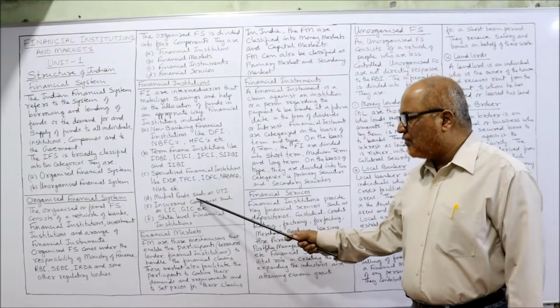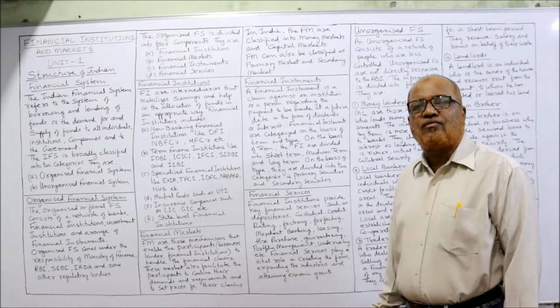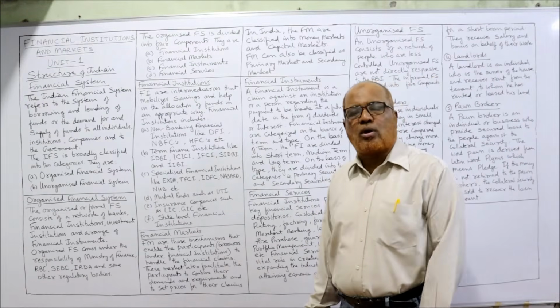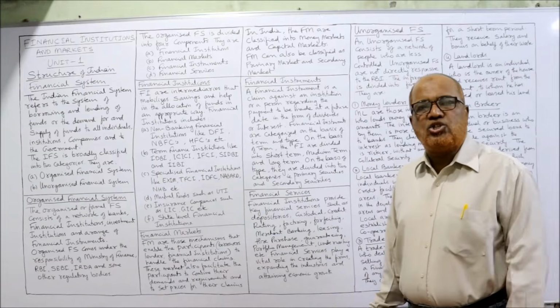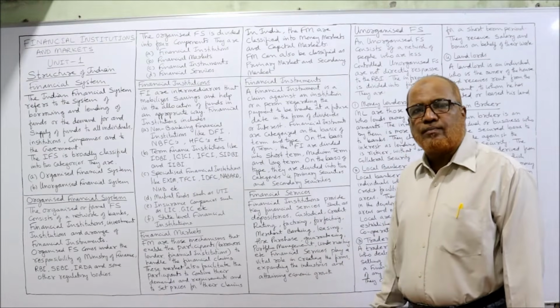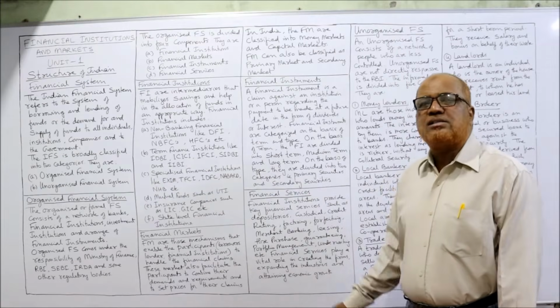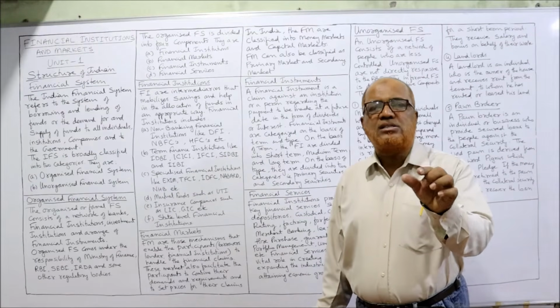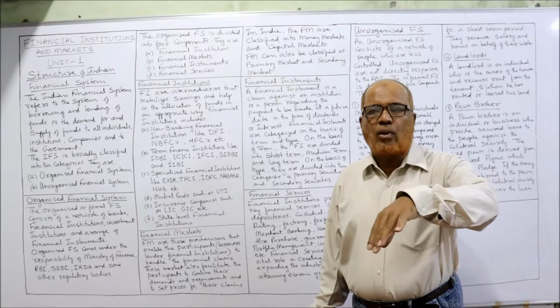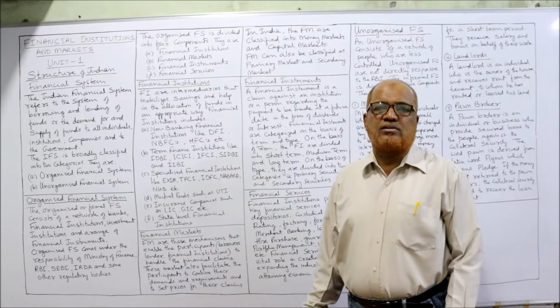And lastly, mutual funds such as UTI, Unit Trust of India, and insurance companies like LIC, Life Insurance Corporation, and GIC, General Insurance Corporation, and state level financial institutions. This is the complete list of all the financial institutions which are the intermediaries between the borrowers and the lenders of funds.